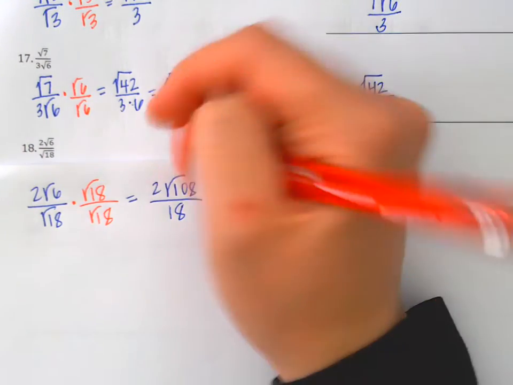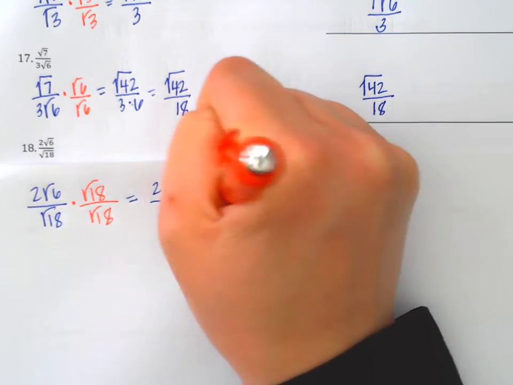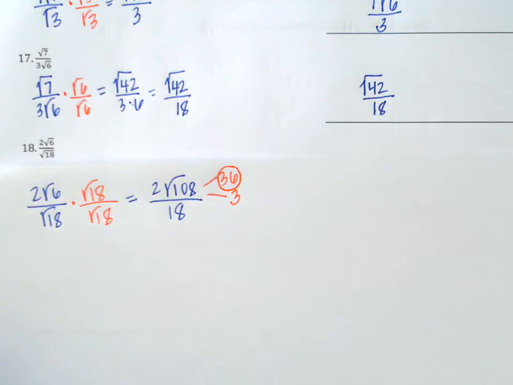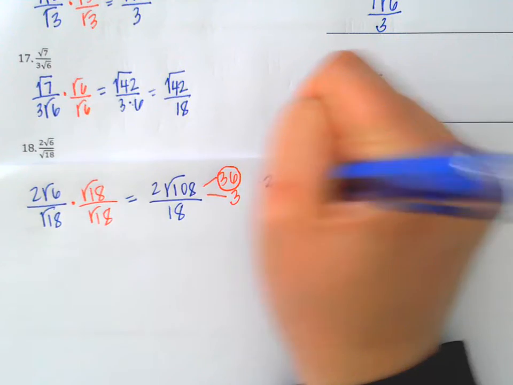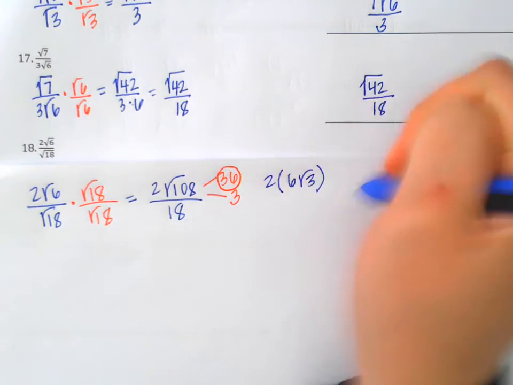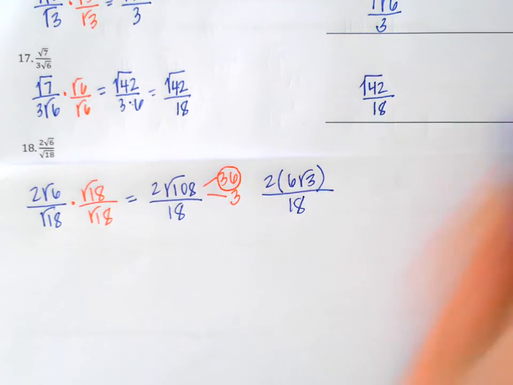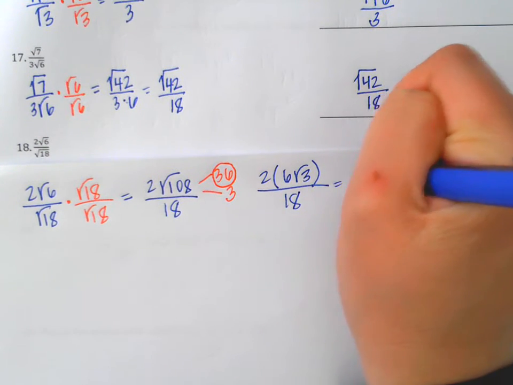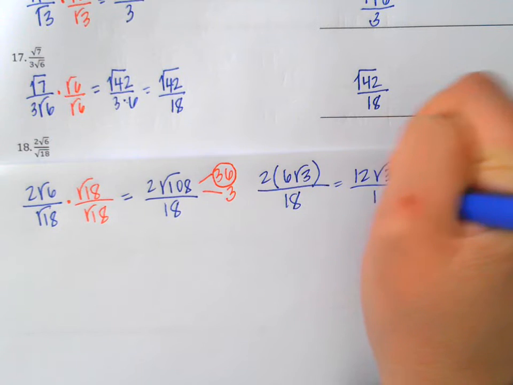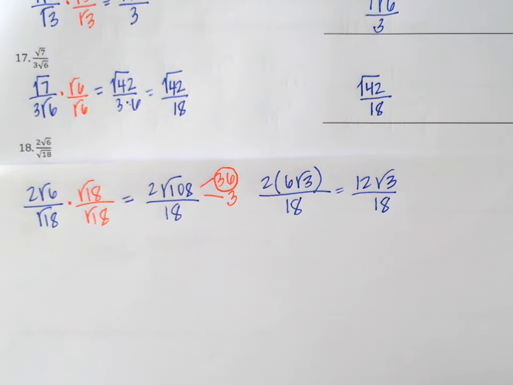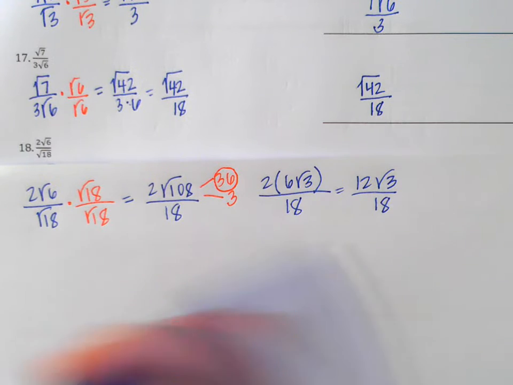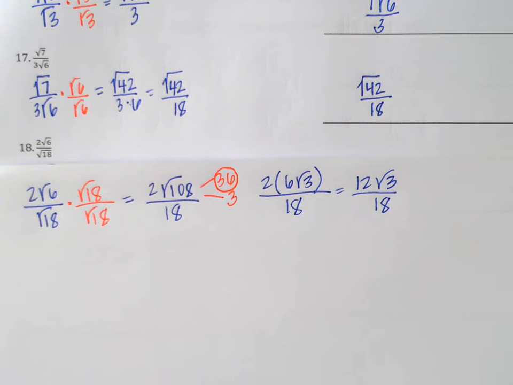So I can split it up. 36 times 3. We know the square root of 36 is 6. And then rad 3 stays inside. And then I can combine. The 2 and the 6 are going to multiply to be 12. And then I can now simplify. The 12 and the 18 are both on the outside of a square root, so we can simplify those.